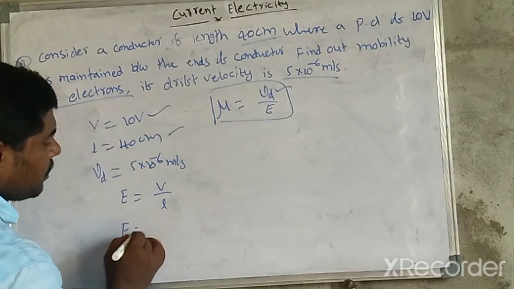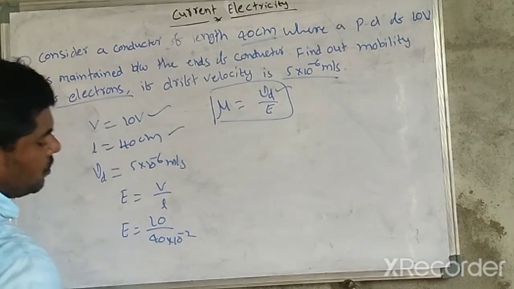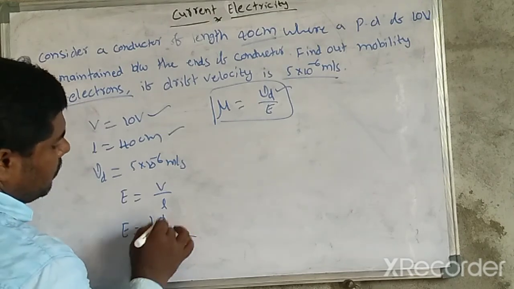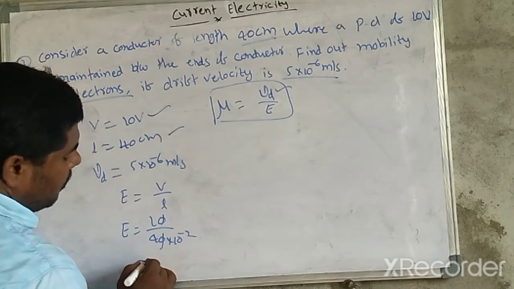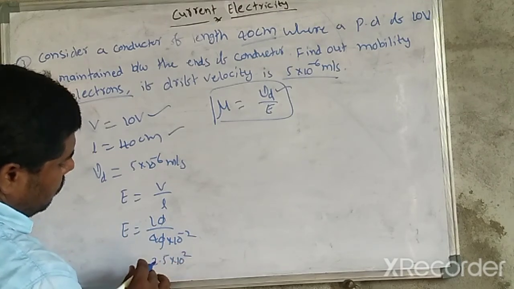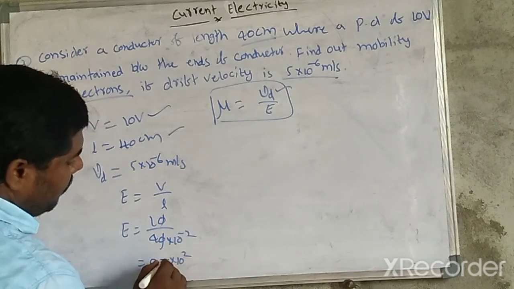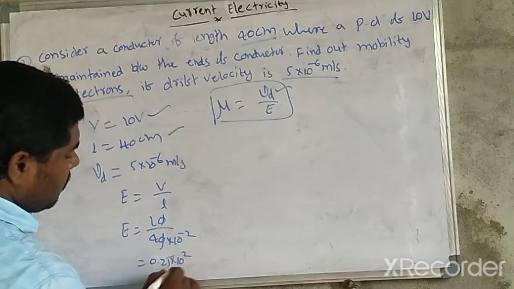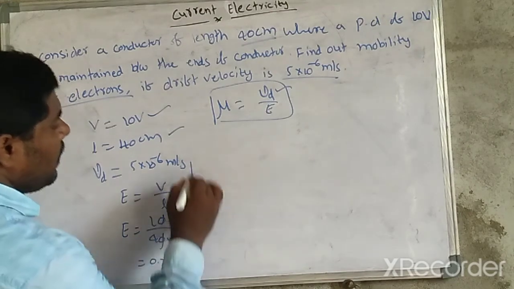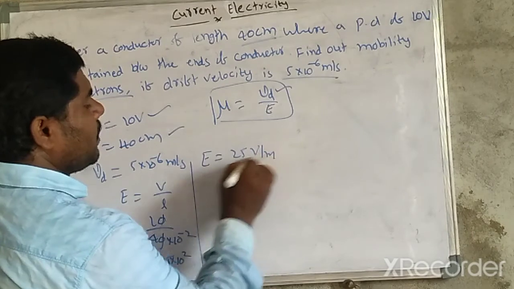So electric field is equal to 10 divided by 40 into 10 to the power minus 2 meter. This one can cancel. It means 1 by 4, which is 0.25, so the electric field is equal to 25 volt per meter.